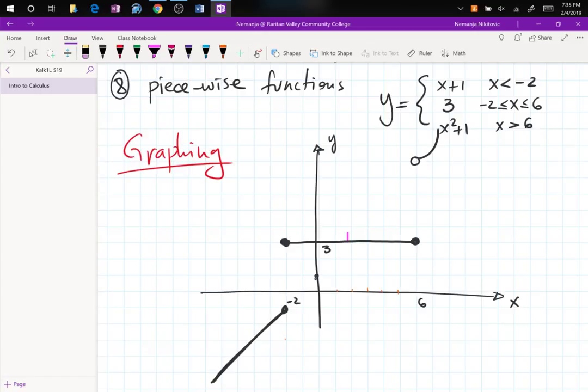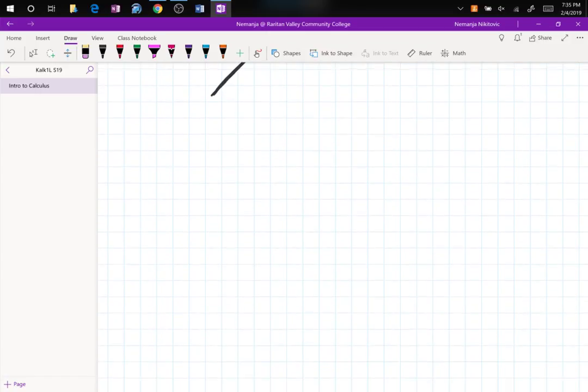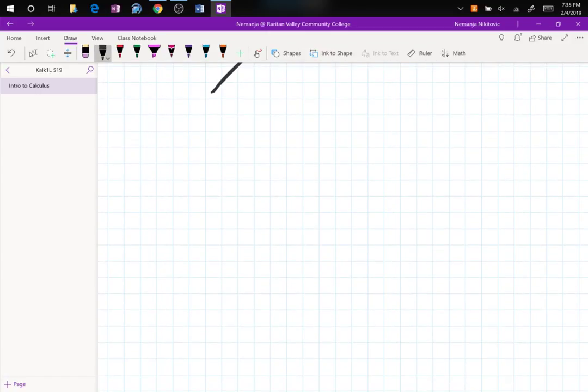Being able to graph these functions, since the class is over, I'm just going to mention absolute value, and that's it. So y equals absolute x, you probably all memorized that that's a v-shaped function, 45 degrees this way.